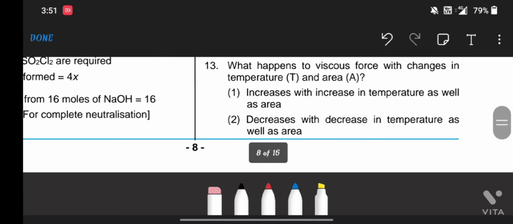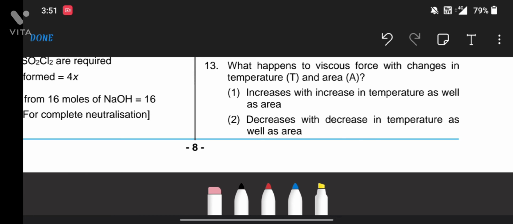It means in viscous force they are saying that option 1: the viscous force increases with increase in temperature and area. When temperature and area increase, viscous force also increases.